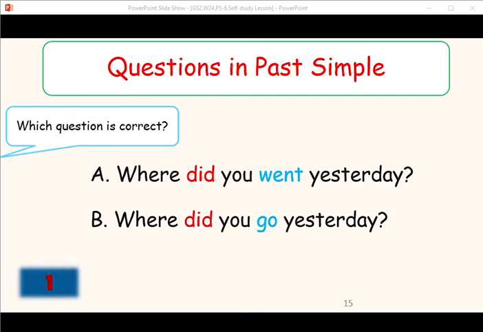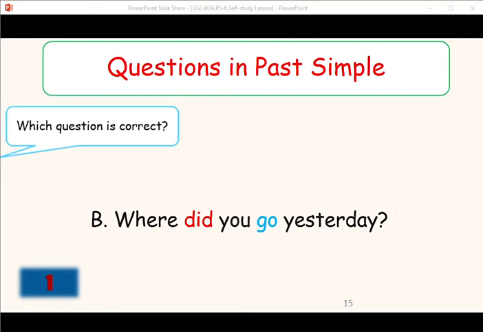Time's up. Tell me your answer. Great. The correct answer here is B. Remember, we use verb infinitives in the questions with did in the past simple tense. So, where did you go yesterday, not went.